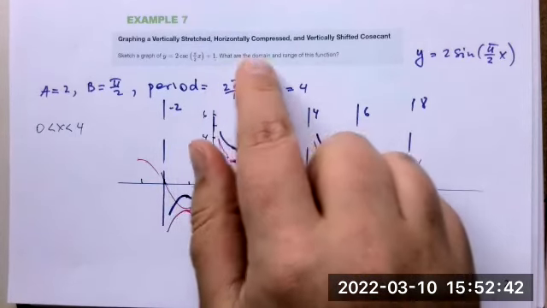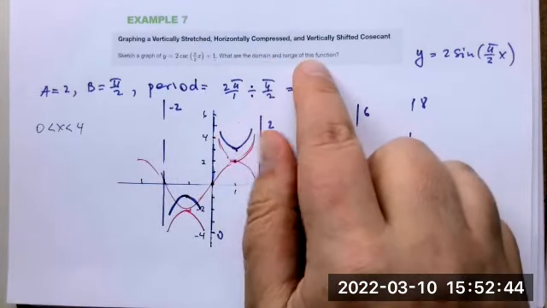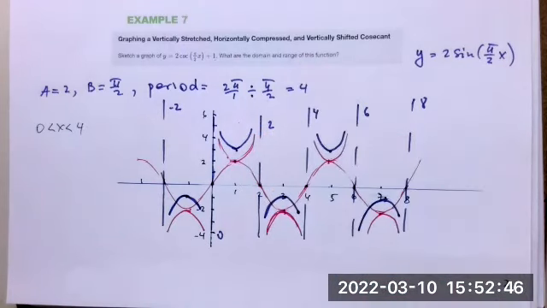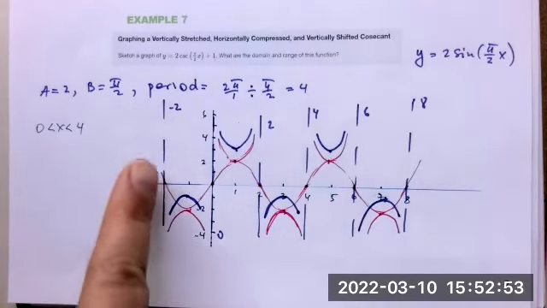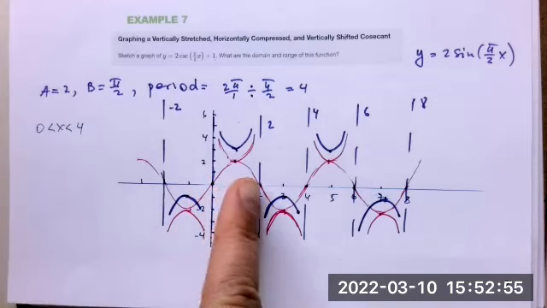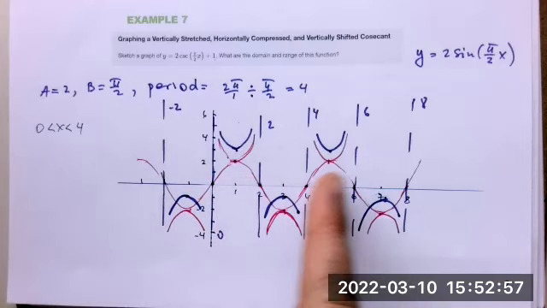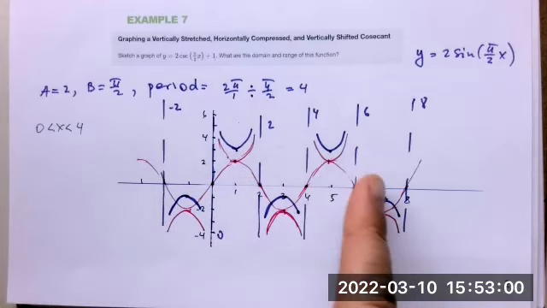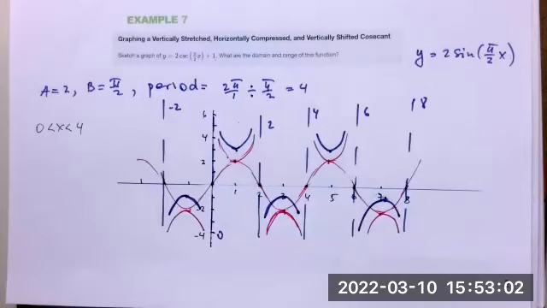Now, the question is, what are the domain and range of this function? We can tell from the graph that the domain will exclude -2, 0, 2, 4, 6, and 8, and so forth in both directions.